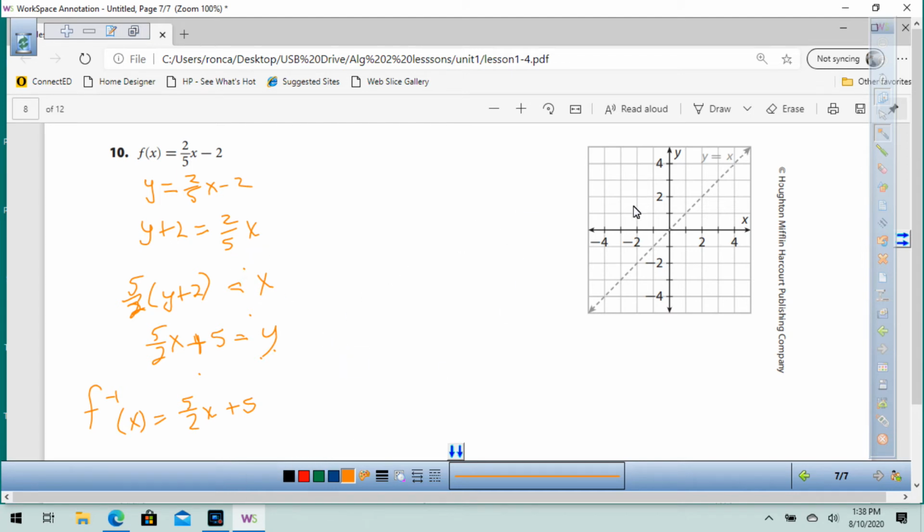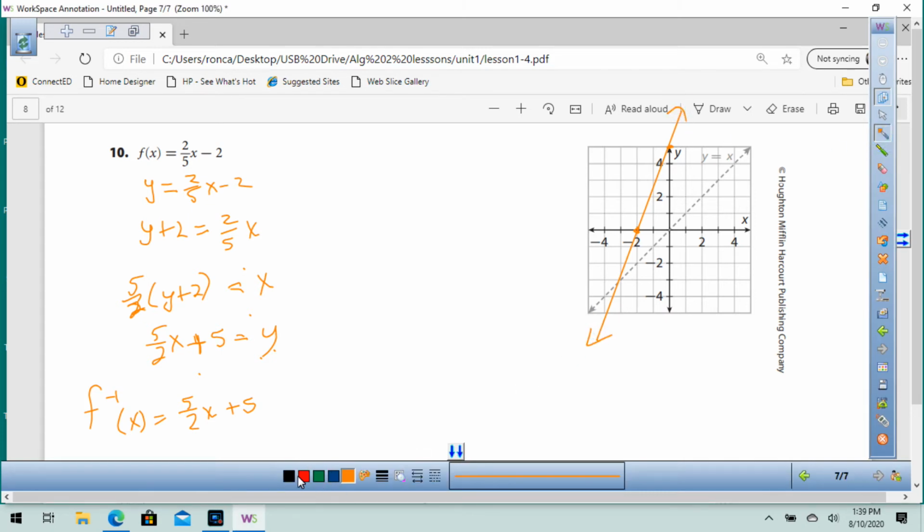And we're supposed to graph this, so let's find 5. 1, 2, 3, 4, 5. And let's see, what is the slope? It's 5 halves. That would be up 5 and over 2. And then there it is.